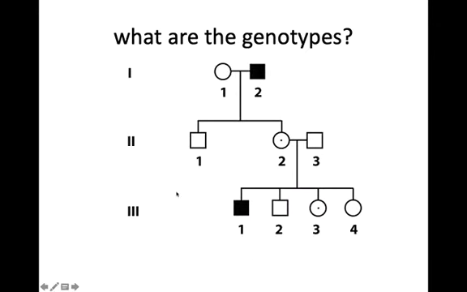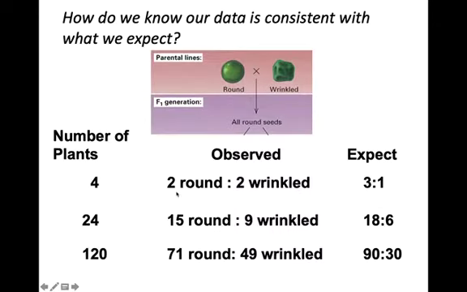Now, what I want everybody to think about is, if you expect a 3-to-1 ratio, would you be able to look at things that look like deviations and say, okay, something's weird going on? Maybe there's some sort of pollen viability problem. Any other scenario that would suggest that something's going wrong and there's not, in fact, a 3-to-1 ratio?